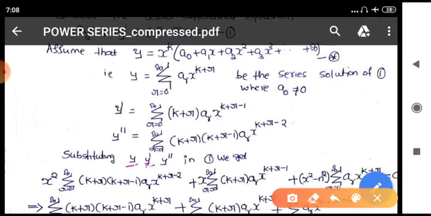Now we will substitute y dash, y double dash in equation 1.